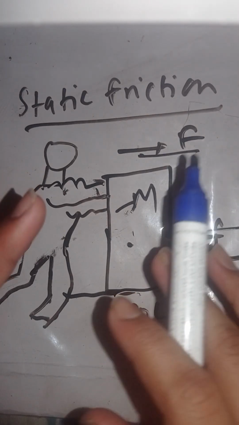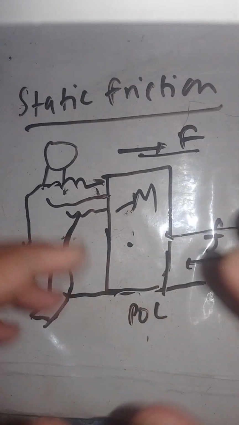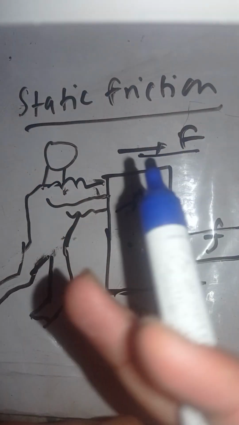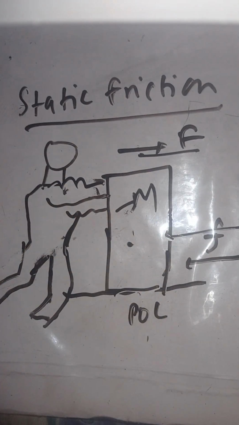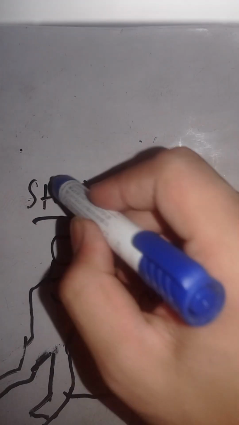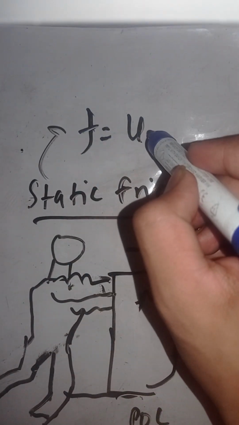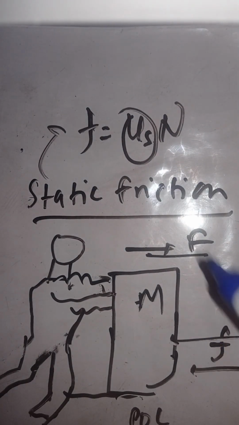Friction is basically not allowing our body to move, it just opposes the relative motion. That's it. So static friction can be given as F equals mu s times normal. Similarly, just this constant will change. That's called the coefficient of friction.